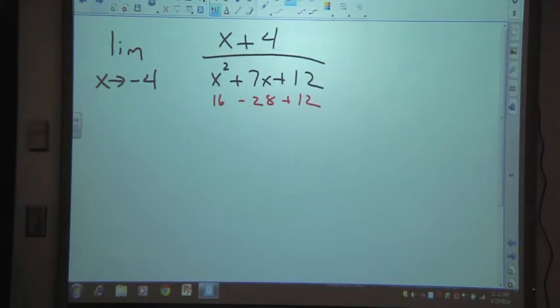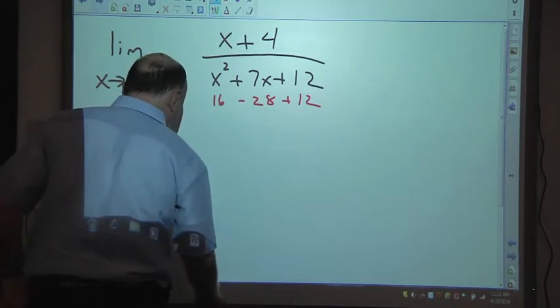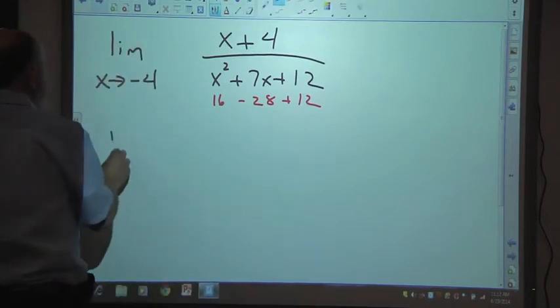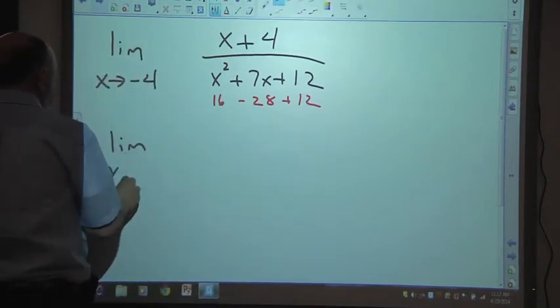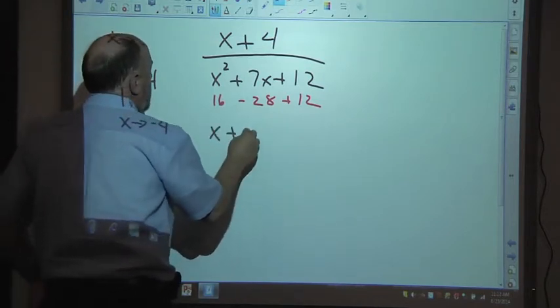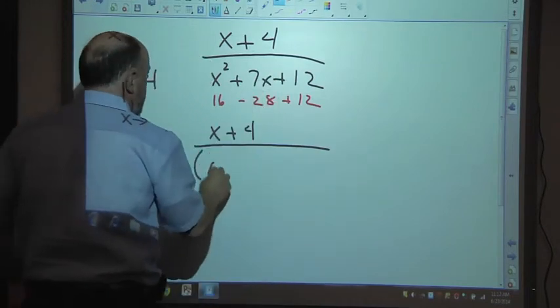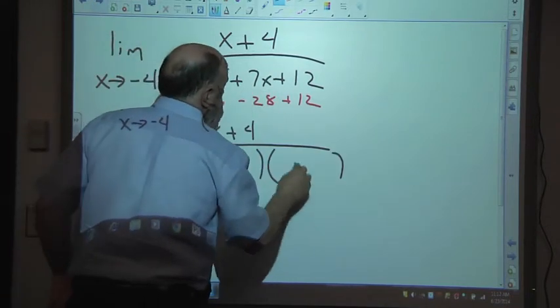We have a problem. But I also notice that this is a quadratic, and it's a factorable quadratic. The top is x plus 4. The bottom can be factored as x and x.